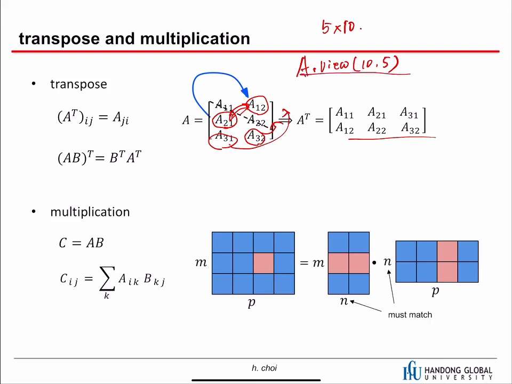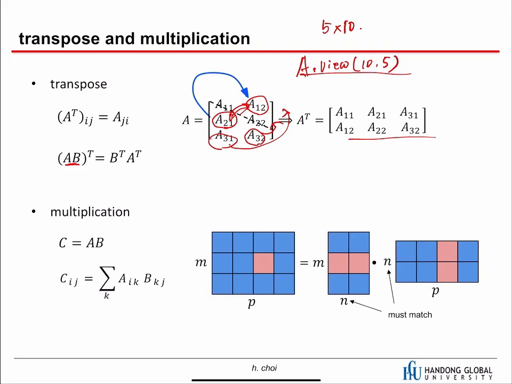But this is not the transpose, it's different. And when we have a two-matrix multiplication, the transpose of this multiplication is the multiplication of the transposes, taken separately.